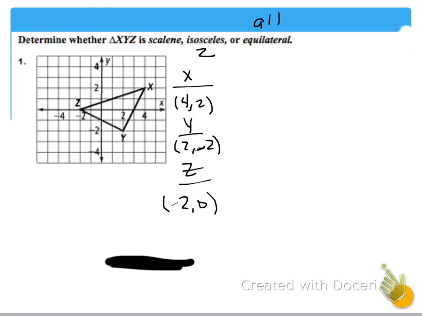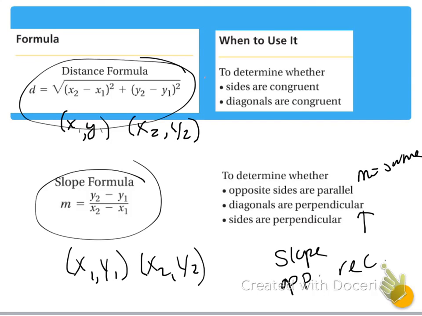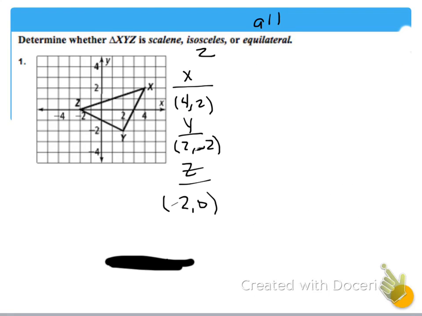So I found my points. I got X being at 4, 2, Y being at 2, negative 2, and Z being at negative 2, 0. So now I need to use the distance formula, with the points I found, so that I can find the distance to see how long those lengths are, to see which type of triangle it is. Let's do XY first. So XY is going to be 4, 2, and 2, negative 2.